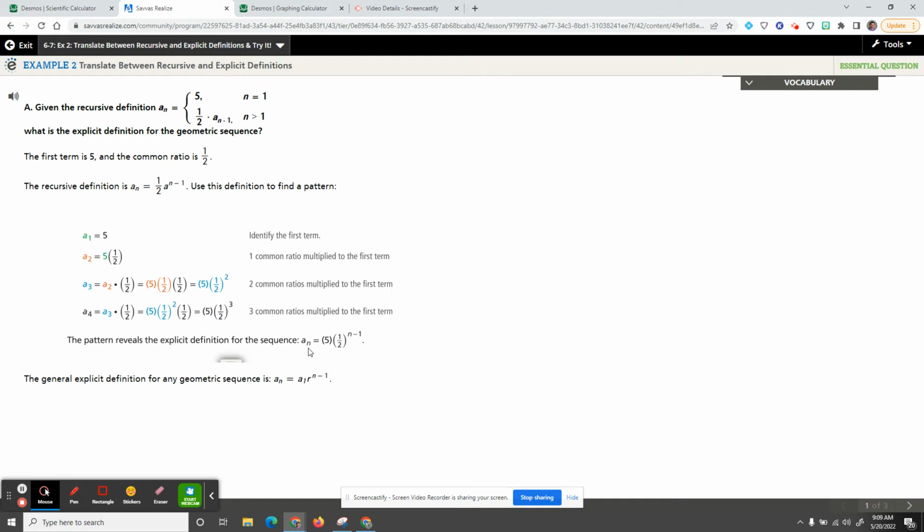So if you wanted the 6th term, the exponent would be 5. If you wanted the 10th term, the exponent would be 9, for instance. So the general explicit definition for any term in the sequence is the first term times the common ratio raised to an exponent that's 1 less than the term you're looking for.